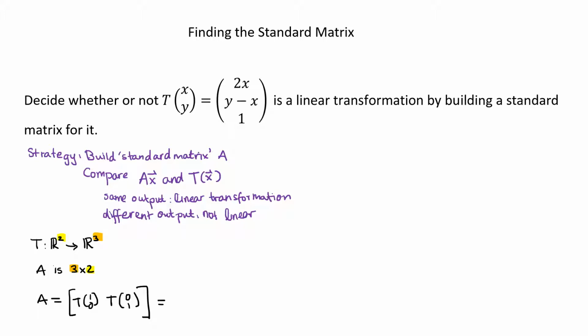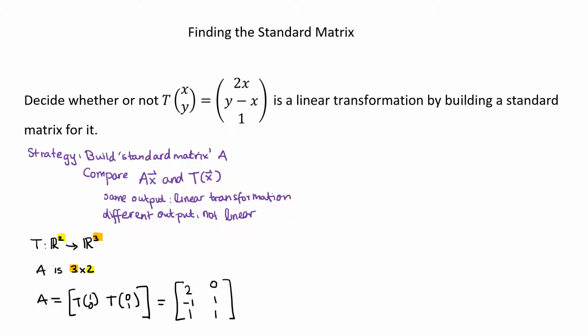Okay, T of 1, 0 is going to be 2, negative 1, 1. Okay, T of 0, 1, we have x equals 0, y equals 1. So our output is going to be 0, 1, 1. All right, and now we can move on to part 2.